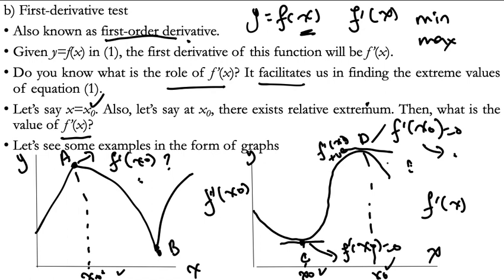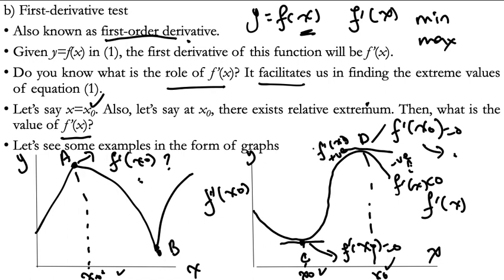When the graph is downsloping, you know that f prime x is actually negative, isn't it? So negative here. So if to the left of D is a positive sign of slope and to the right of D is a negative sign of slope, then we know that at point D, where x0 is here, we have a relative maximum. Increase, decrease. So there must be 1 point of maximum, isn't it?